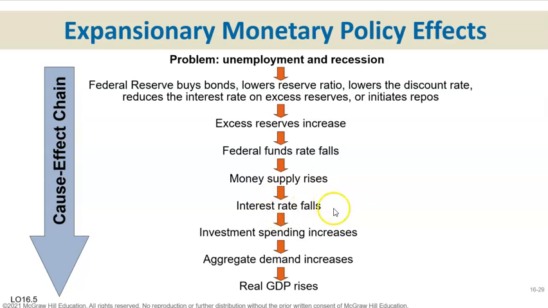As interest rates fall, investment spending increases, which increases aggregate demand. And as aggregate demand increases, then real GDP will increase, which fixes the problem of the recession and the unemployment. We can also see the effect of increasing inflation in the economy.